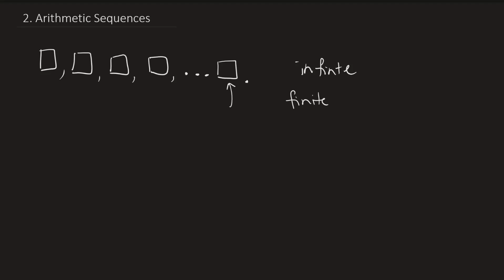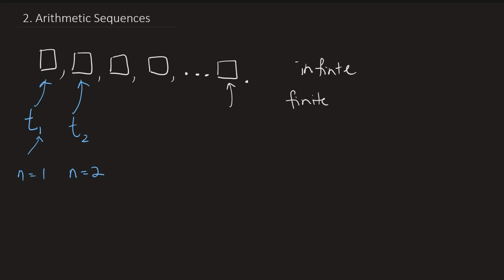We also talked about naming each of these terms t. So this first term is t1, and we talked about this subscript here being n. So in this case, for the first term, n is equal to 1. In the second term, n is equal to 2.